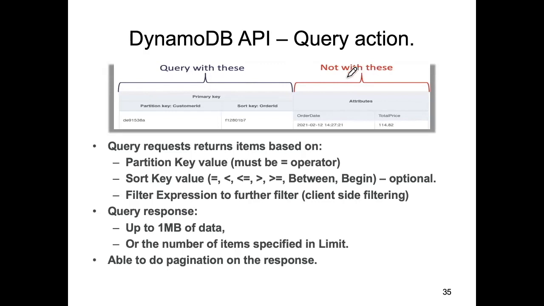If you do want to do some filtering based on these attributes over here, you have to do that filtering within your Lambda code, if you like. So a query returns items based on the partition key.